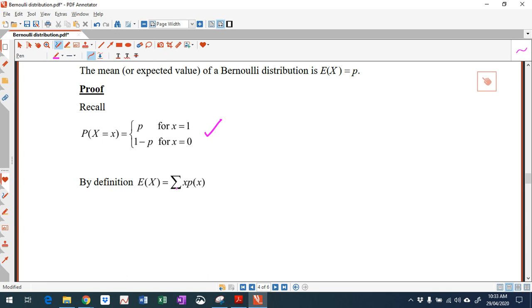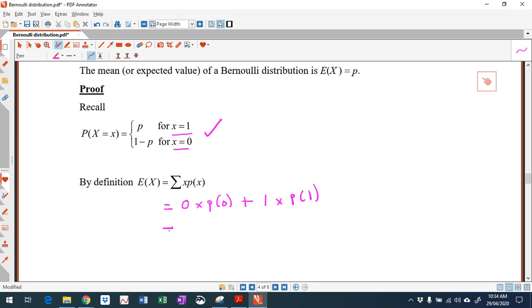Now, there are two possible values for x, 0 and 1. So let's start off with the first one: 0 times p of 0, and sigma means we're adding. The next x value we're looking at is 1 times p of 1.